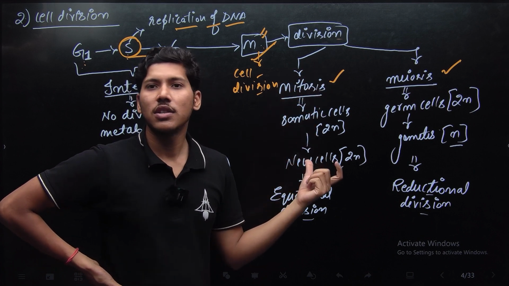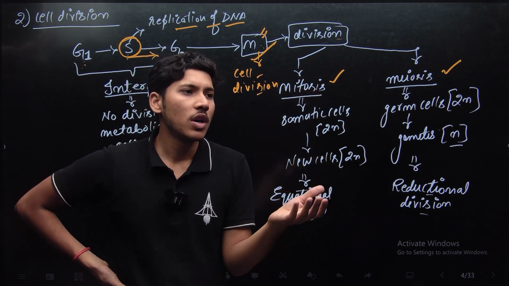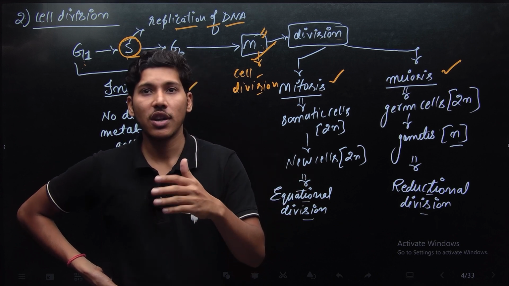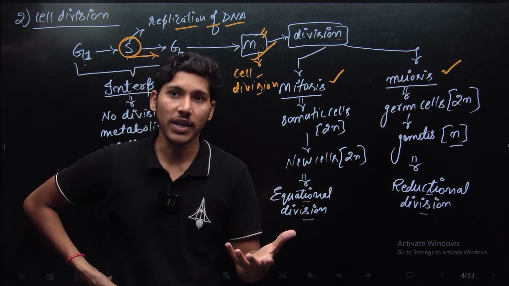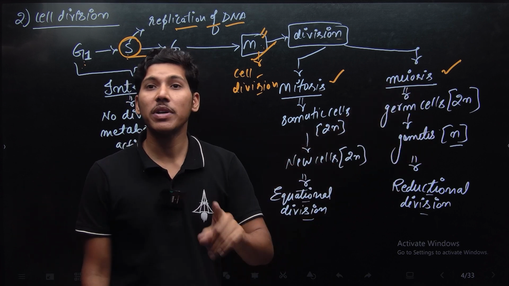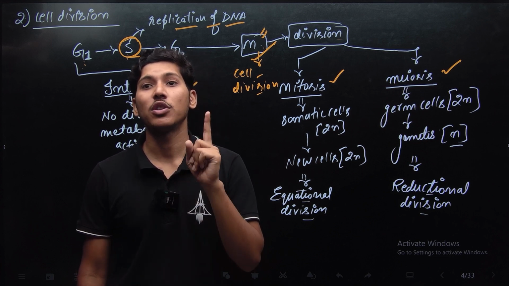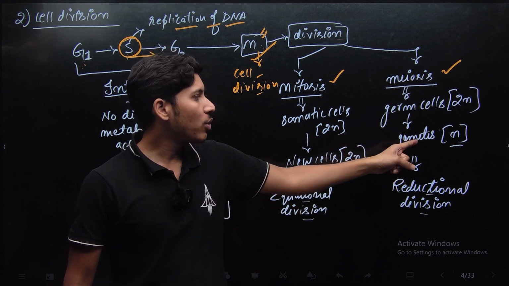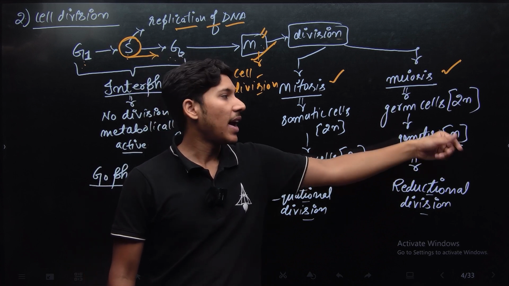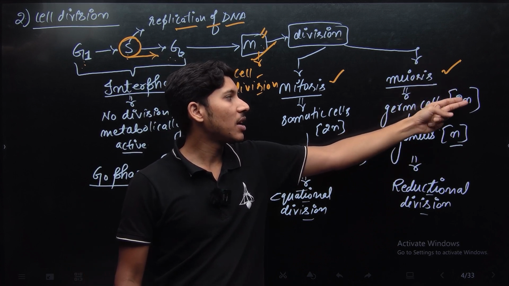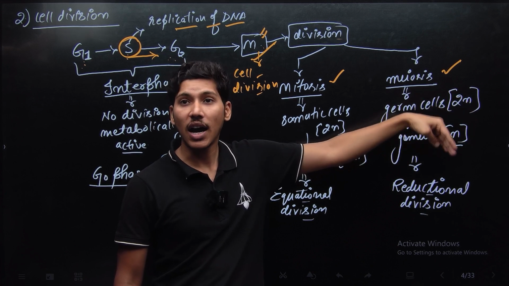Now, mitosis occurs in order to replenish and regenerate lost cells or for the growth of our body. But meiosis happens only for one specific function, that is the formation of gametes. We know that gametes are haploid and germ cells are diploid. So in meiosis, the number of chromosomes is halved.